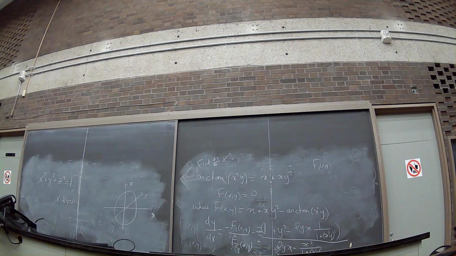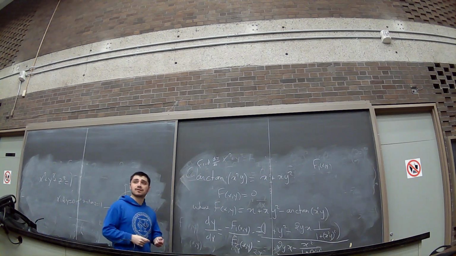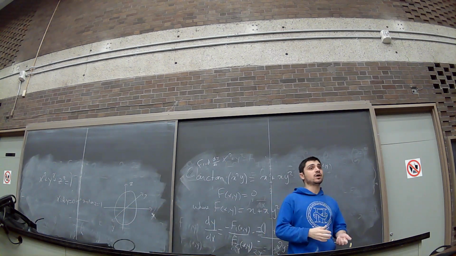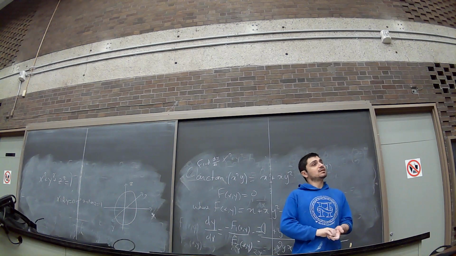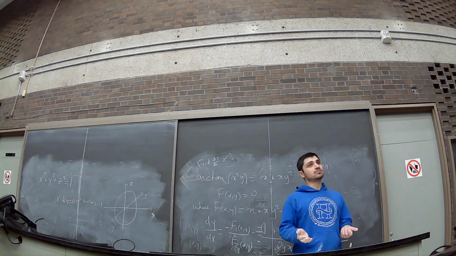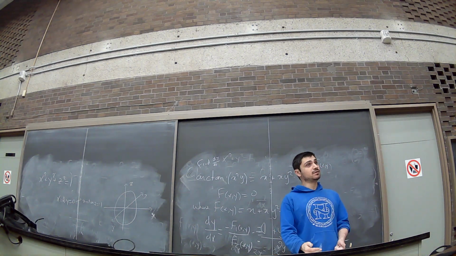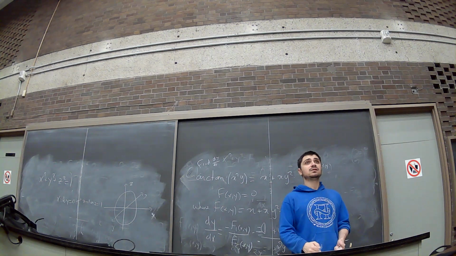What are the possible values of z here? So z is equal to 1, or z is equal to minus 1. So does this define a function of x and y? Technically, this doesn't define a function, because it depends on whether z is positive or z is negative.